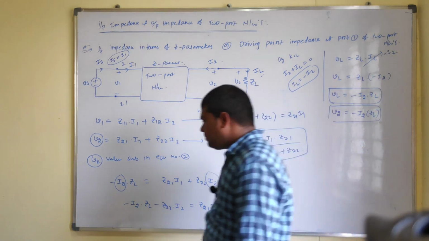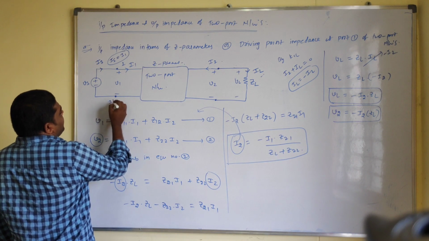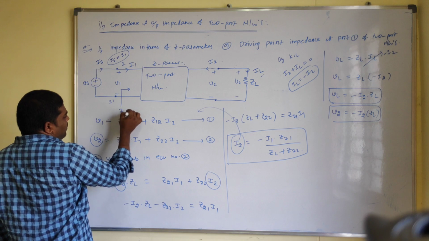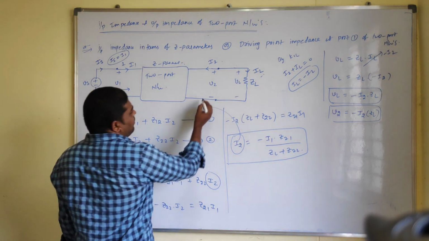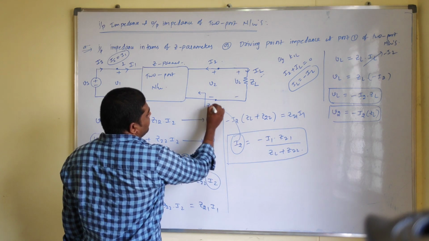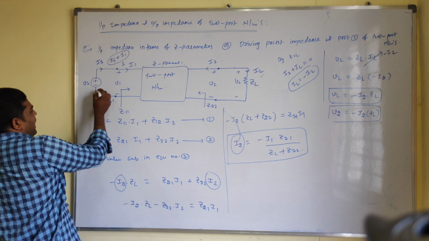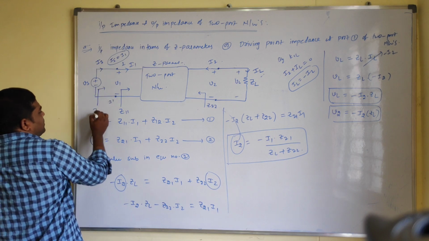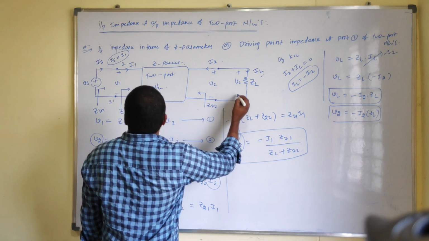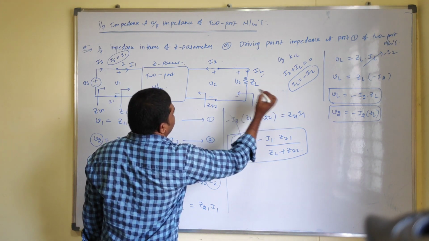Just observe here, this is 1 dash, so here you can indicate Z11, and here also you can indicate Z22. Here you can indicate input impedance Zin, and here output impedance Zout.